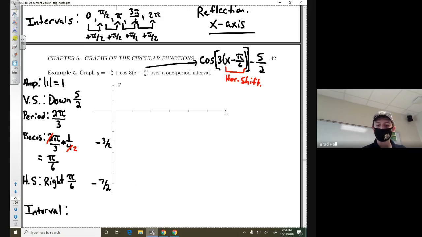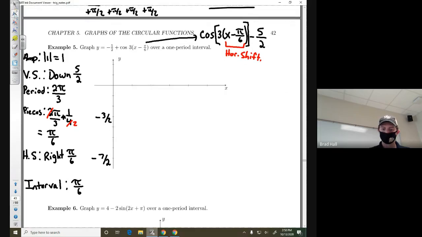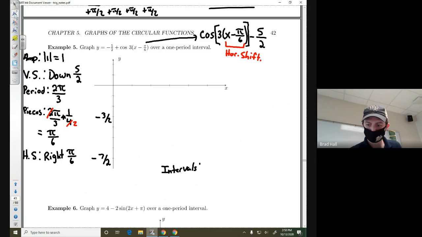So right pi/6 is positive pi/6. This will put this over here. So pi/6, and we add to that the piece value, which just so happens to be pi/6. So that's pi/6, and pi/6 plus pi/6 is pi/3.